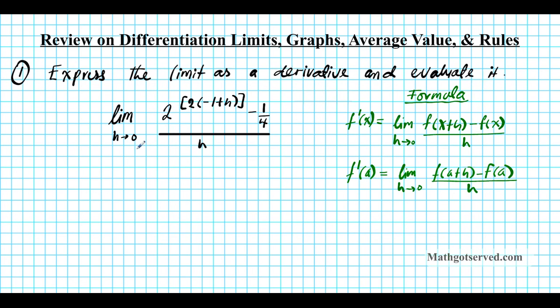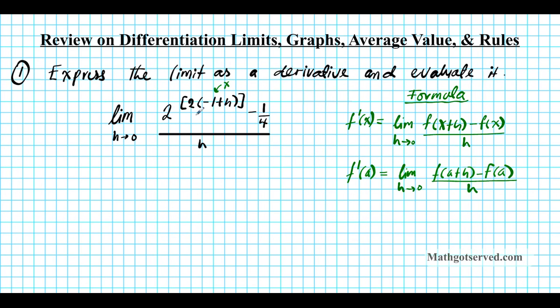If we take a look at this expression right here, what is the value of x? Or where is x positioned? Whatever you're adding to h should be a telltale sign as to what x is. In this case, x has a value of -1, so we're evaluating the derivative of some function at x equals -1.